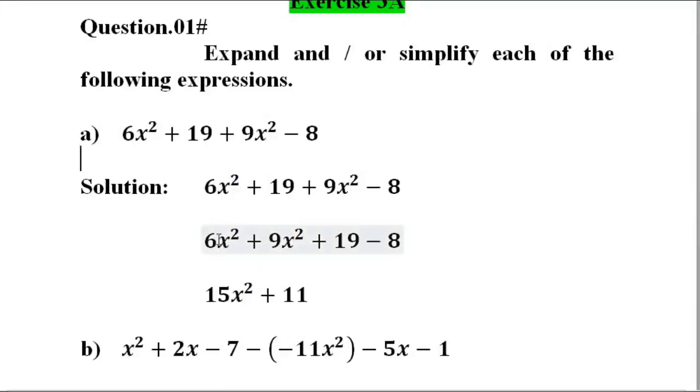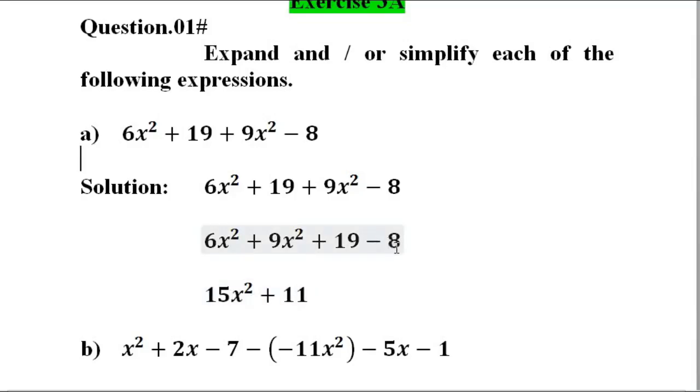The coefficients of the first 2 terms are positive 6 and positive 9. So adding them gives 15. Therefore, we combine 6x squared and positive 9x squared to get 15x squared. Remember, this simplification does not change the value of the expression.